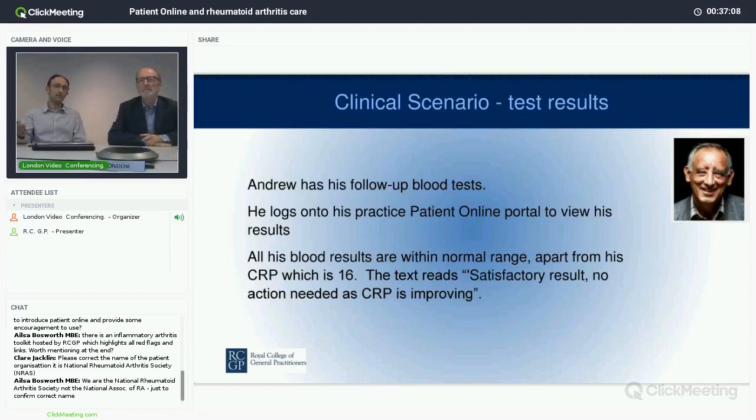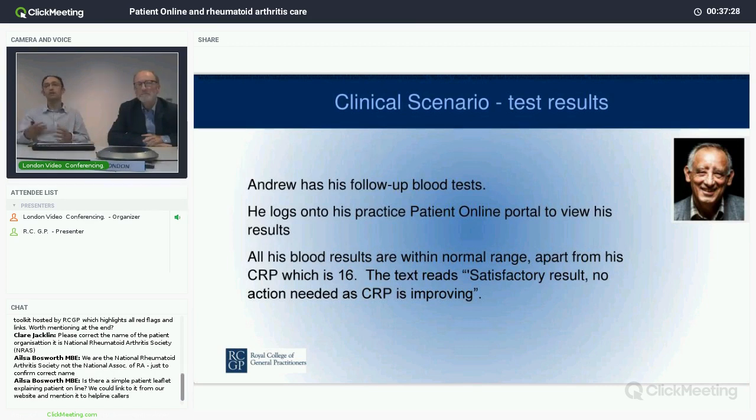That part is something that GPs can use to attach information to the test results. It's a way of providing information, a dialogue between the patient and the GP, and again, it avoids the patient having to ring up the surgery to ask what he needs to do with this result. It's a one-stop shop, if you like.